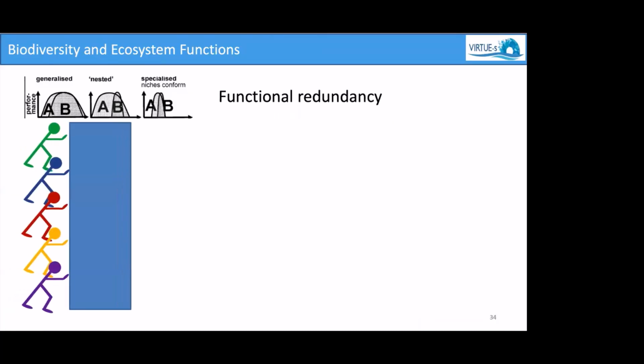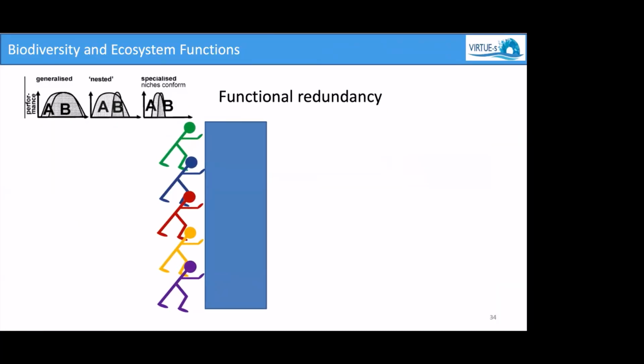Why? Because we have them here. And if a disturbance occurs or something happens, so if one of the species dies, what happens to the function? There are still more species left to do the function.